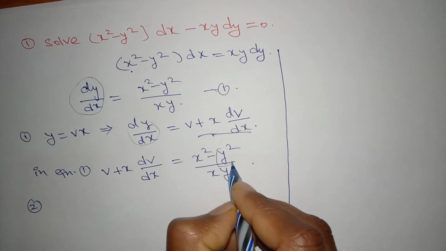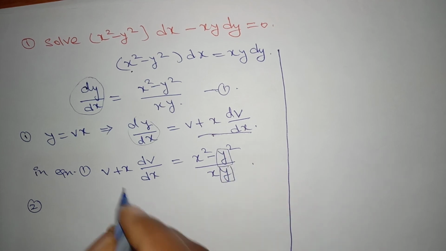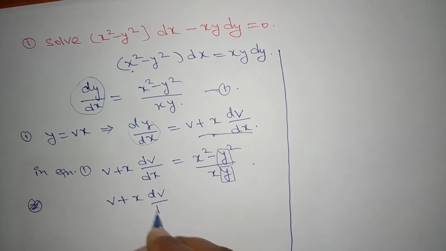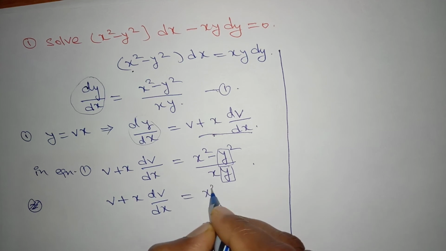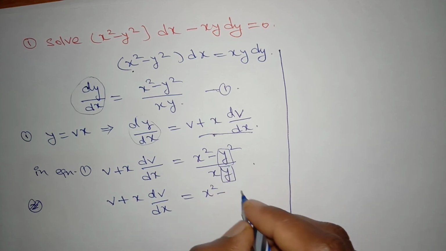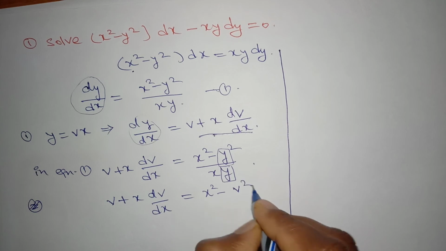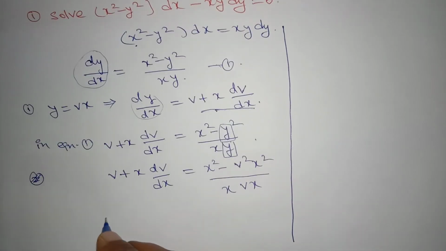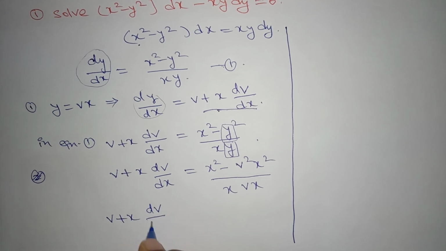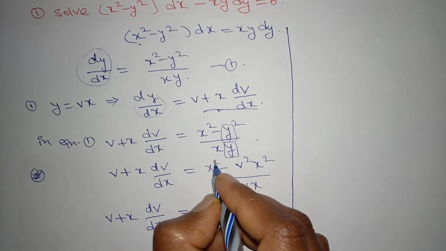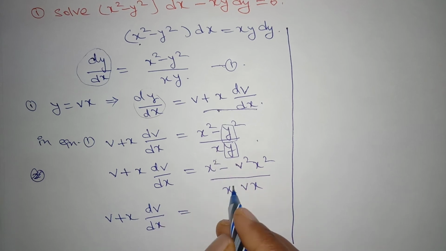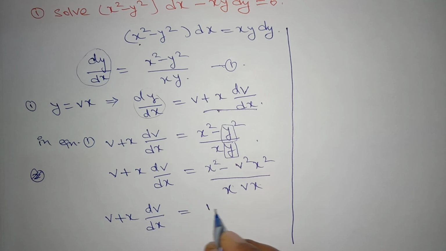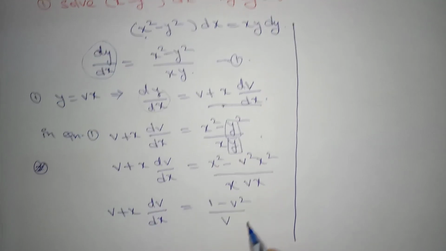Here y is vx, substitute here first. v plus x into dv by dx equals x square minus, what is y square? v square x square, by x into vx. Taking x square common, and the x square in the denominator gets cancelled, you have (1 minus v square) by v.